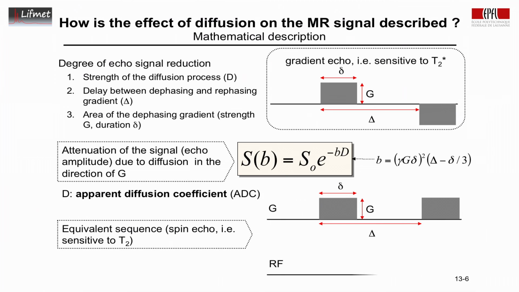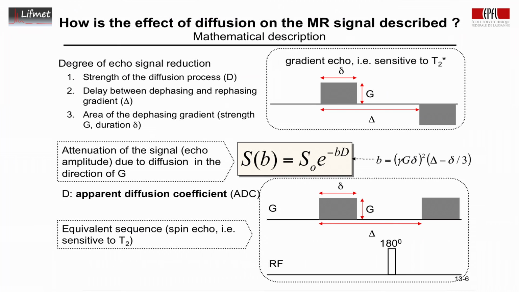Now they are positive because between them we've inserted a 180-degree pulse. As you remember, for static magnetization, with positive gradients, the effect of the 180-degree pulse is to refocus the static magnetization here. So that would be the equivalent sequence with the spin echo. Above we have the gradient echo, and the spin echo has the advantage that it is only dependent on T2, and T2 is always longer than T2 star, so one can use longer diffusion times big delta with this approach.